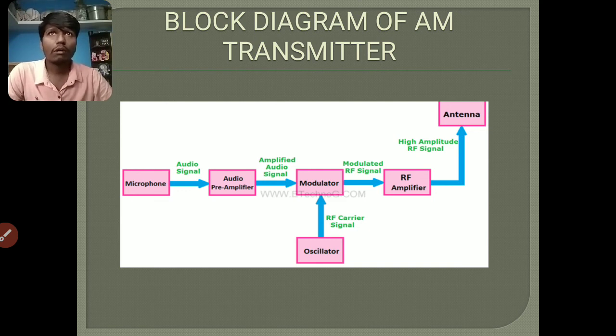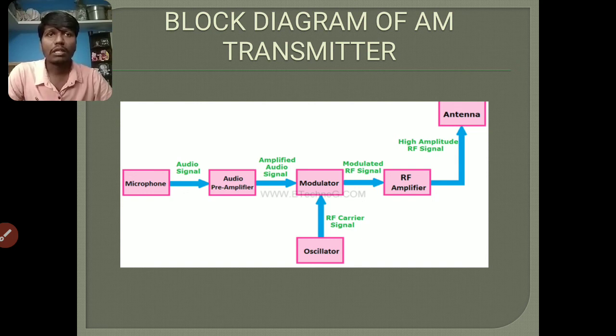The source of the audio frequency signal is a microphone; the audio signal is amplified by a low level audio amplifier, and finally by the power amplifier. It is then combined with the carrier to produce the modulated carrier wave, which is ultimately radiated out into free space by the transmitter antenna. This is the block diagram of the amplitude modulation transmitter.